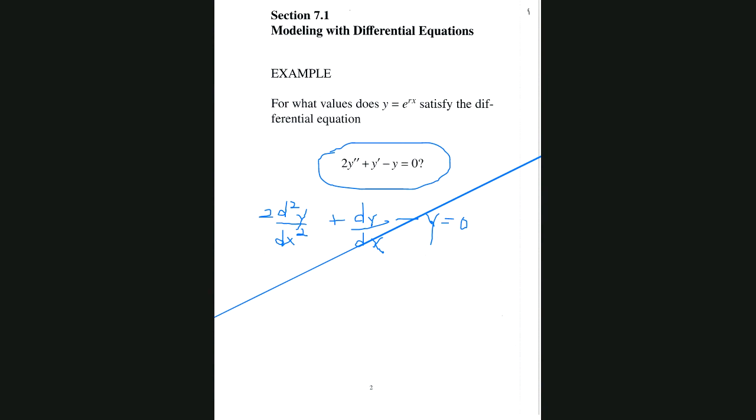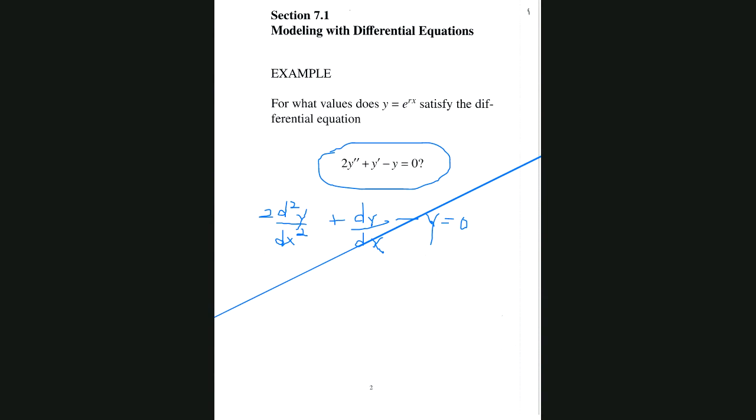All right, so how are we going to solve this problem? How are we going to find the values of r that are going to work here? Because y equals e to the rx power.